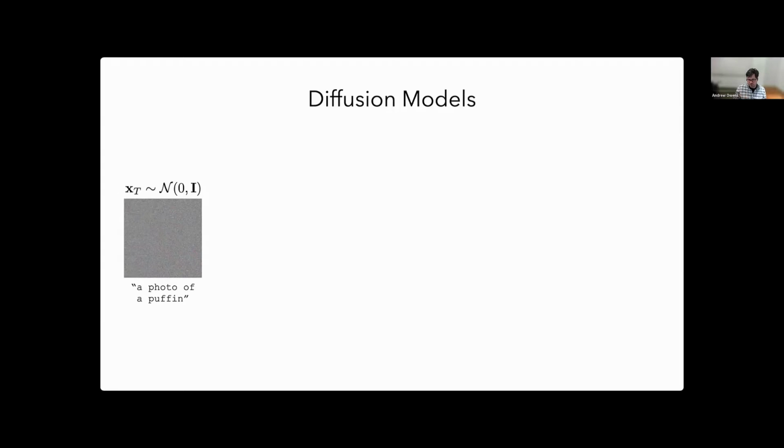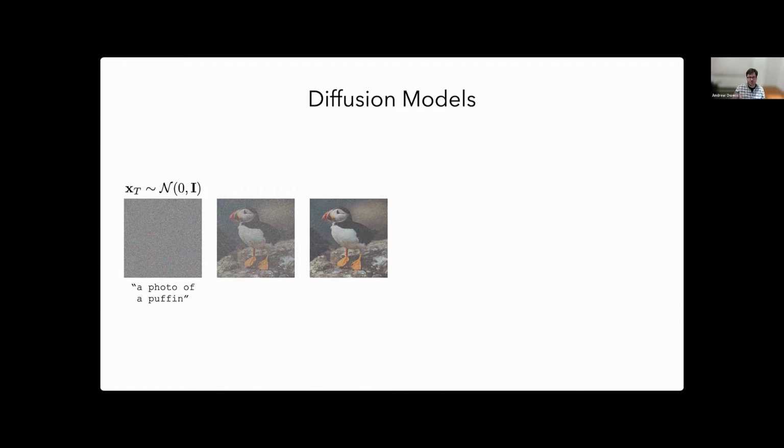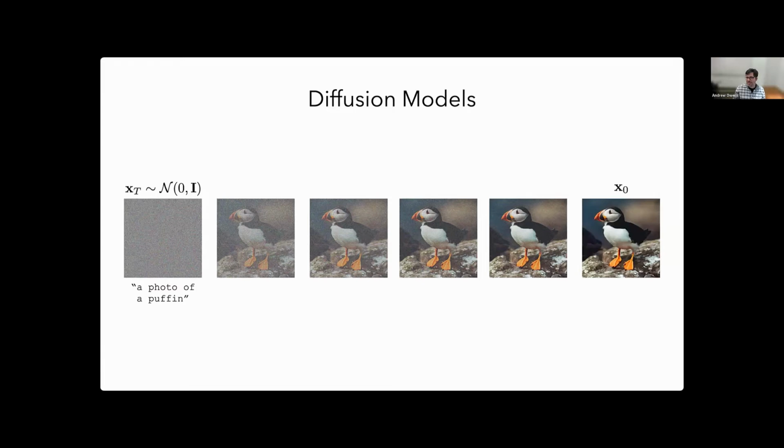And just for those who maybe haven't seen it before, diffusion models generate images by iteratively removing noise from an initial image that's all noise. So we might start with this image on the left that's entirely Gaussian noise, and we iteratively remove noise, and eventually the model will essentially hallucinate an image from that noise after enough iterations.